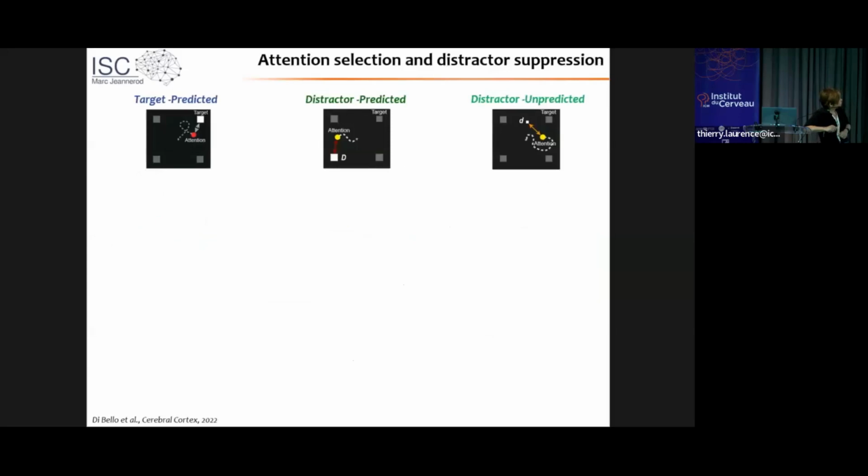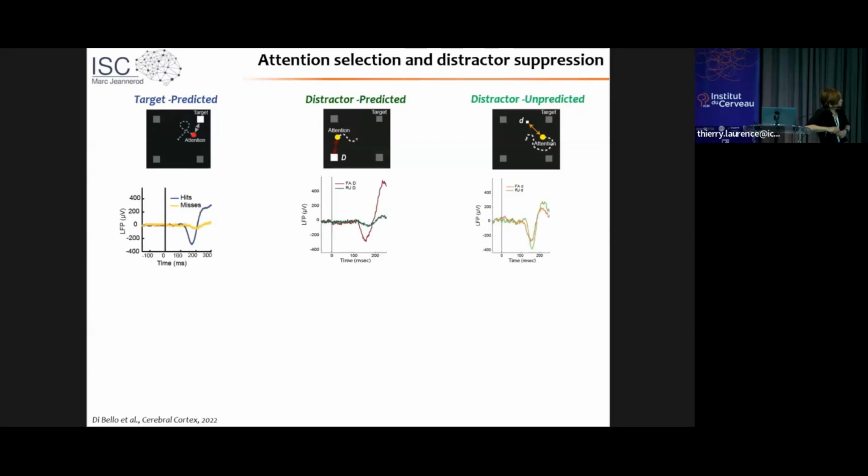If we push this a little bit further and we consider multiple types of stimuli that are presented in the task, we have target predicted stimuli, distractor stimuli that are predicted by the monkeys, or another type of distractors that can happen anywhere in the workspace, and in this case are unpredicted. What we observe at the LFP level is this type of response that I've already shown.